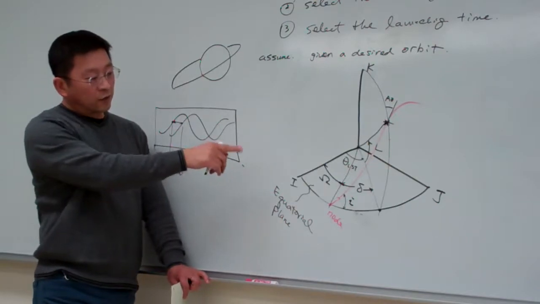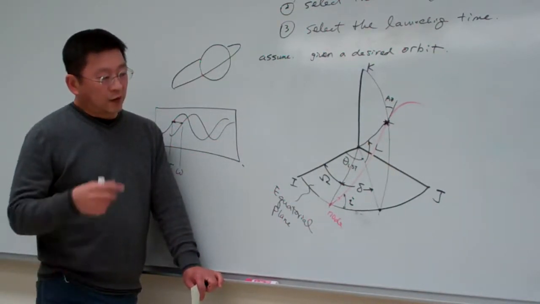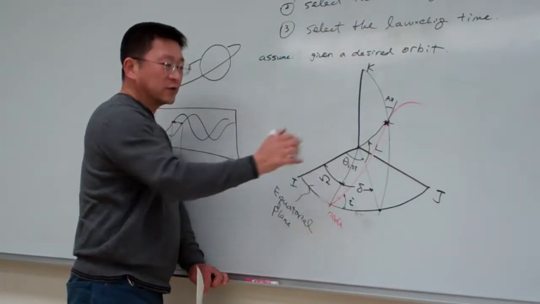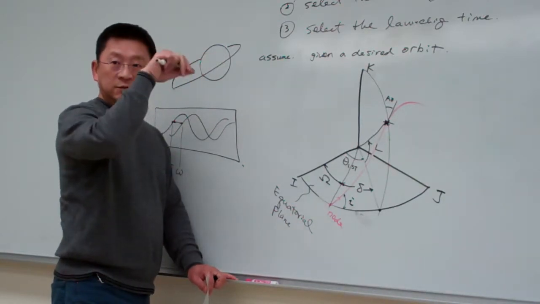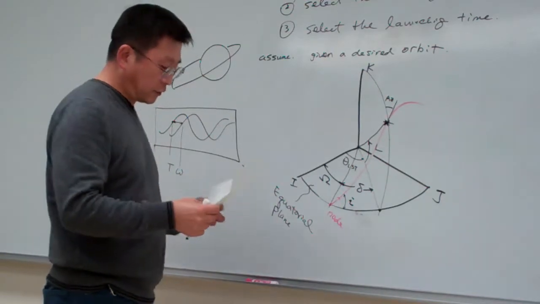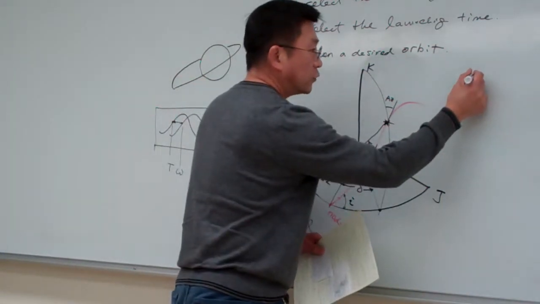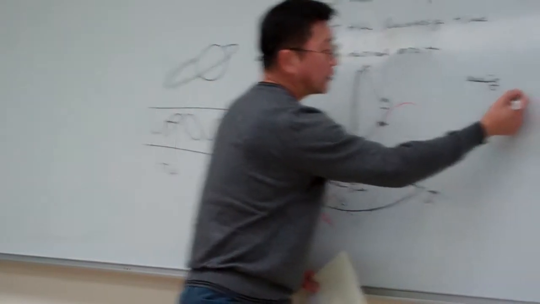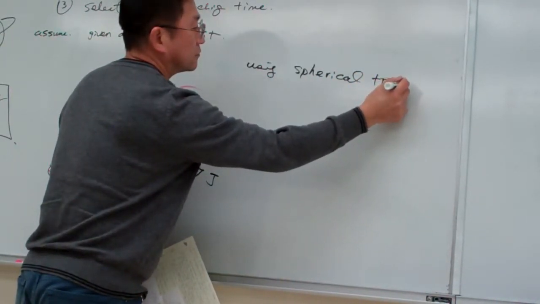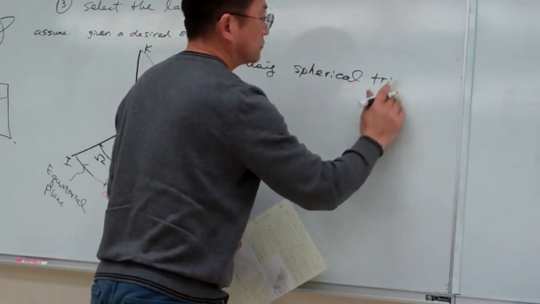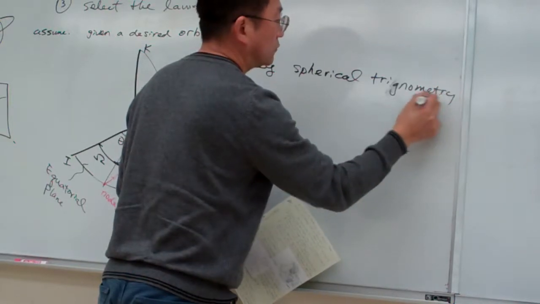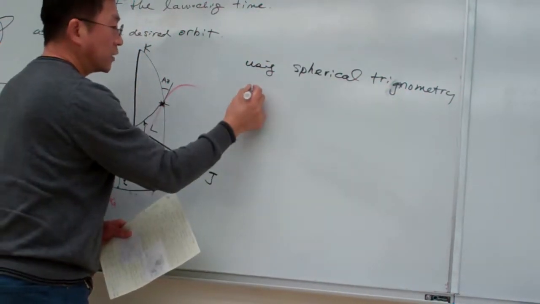From here you can see we have quite a few angles. A few of them are measured in the equatorial plane, and a few other angles are measured with elevation. So here we can utilize spherical trigonometry.